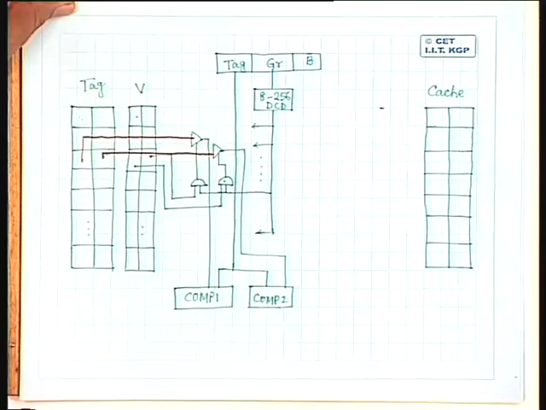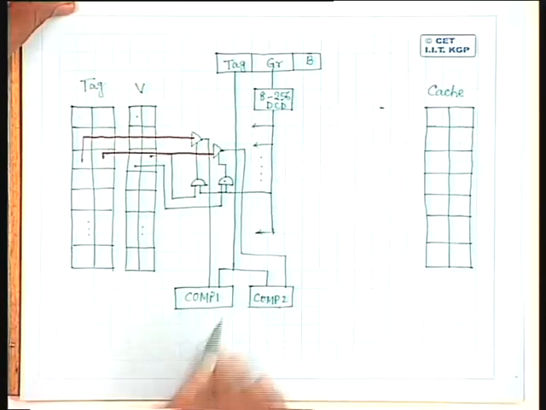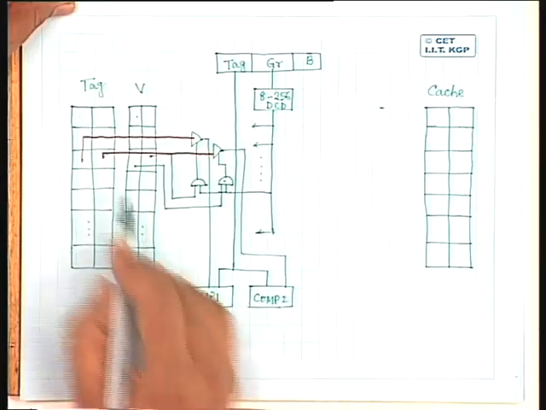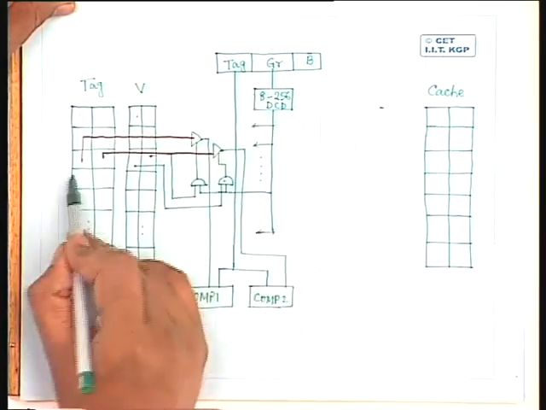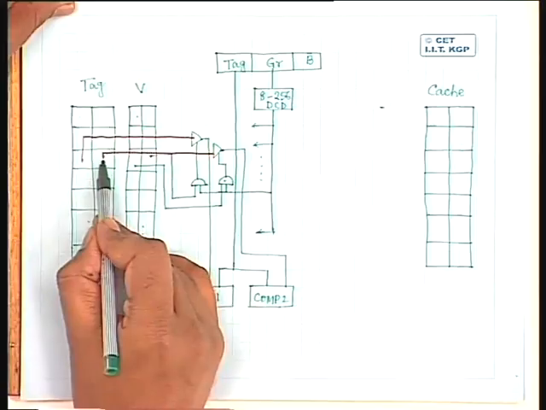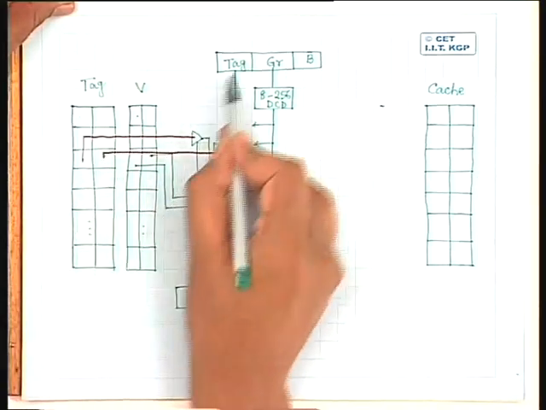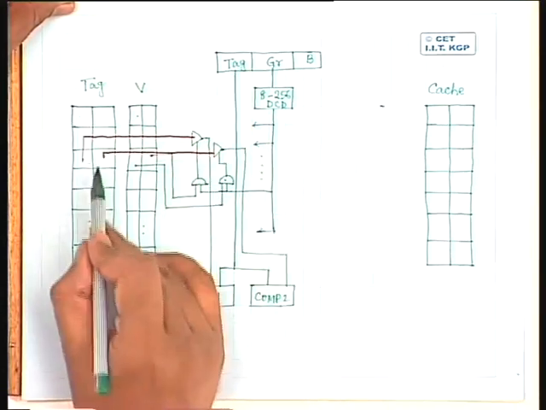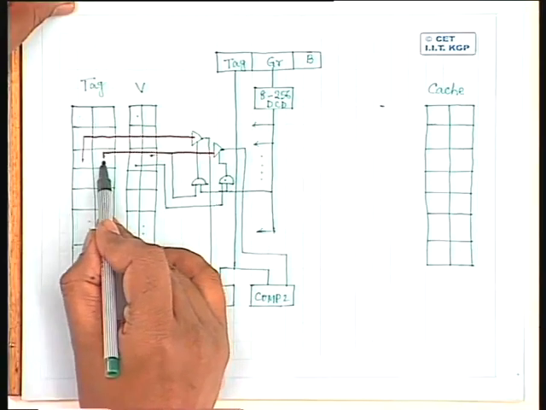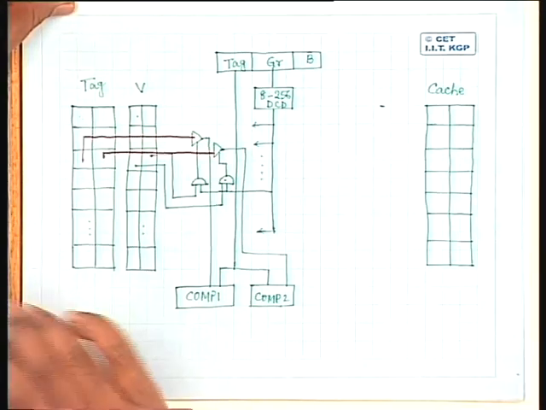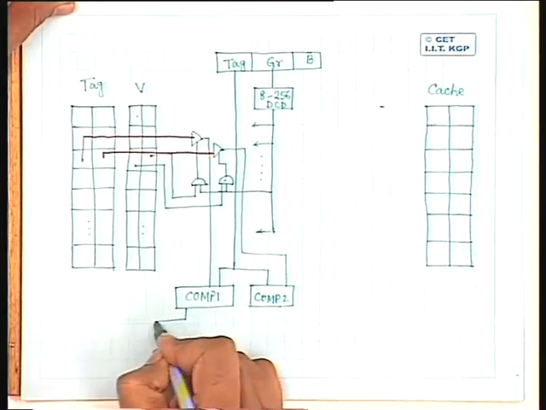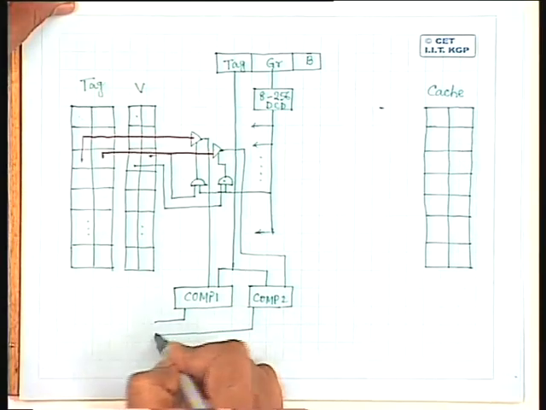Now I can have different combinations. That is, this tag value does not match with any of these tag values. The tag value as given in the address does not match with the content of any of these tag memories. That means both the comparators give a signal of not equal.